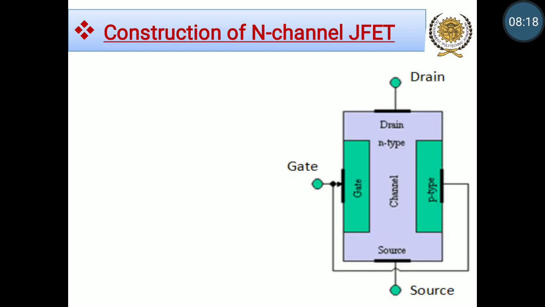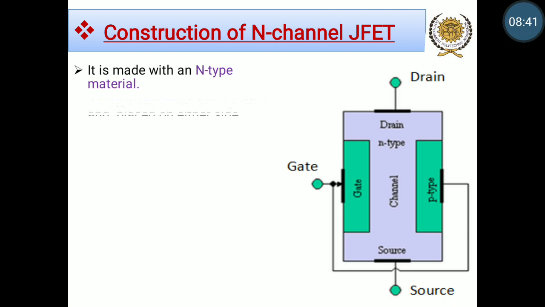Now let us discuss the construction of N channel JFET. The figure shows the constructional view of N channel JFET. In this N channel JFET, the purple color shows N-type semiconductor material. It is made with an N-type material.